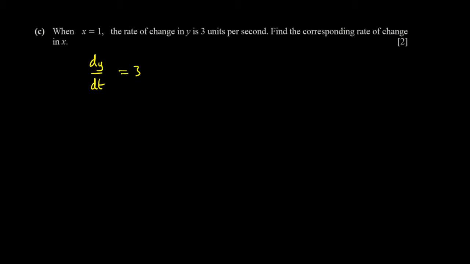What am I being asked to find? I'm being asked to find the rate of change of x, right? Rate of change of x. So what's that going to be? I want to find dx/dt. Well, what's the relationship between dy/dt and dx/dt? The relationship is this. dy/dt is equal to dy/dx times dx/dt.